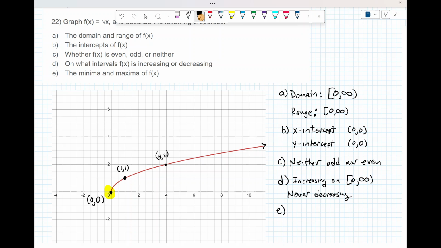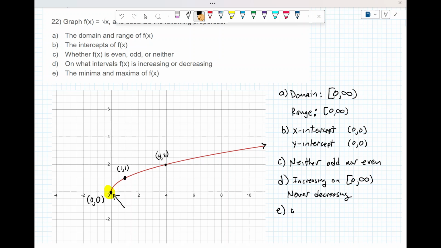All right, are there any local maxima or minima? There's no absolute maximum. I don't see any hills or valleys. However, there is a minimum value, right? The smallest y value, again, happens right here.